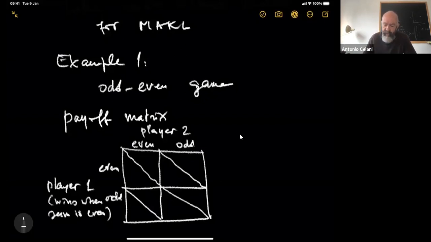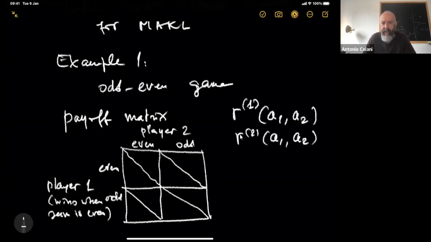So more formally, there are 2 payoff matrices, which correspond to 2 entries, where A1 is the action that player 1 plays, and A2 is the action that player 2 plays. And for the combination of the 2, we get an average reward R1.